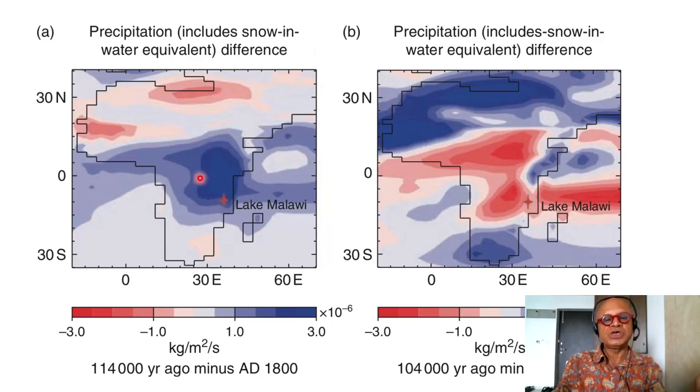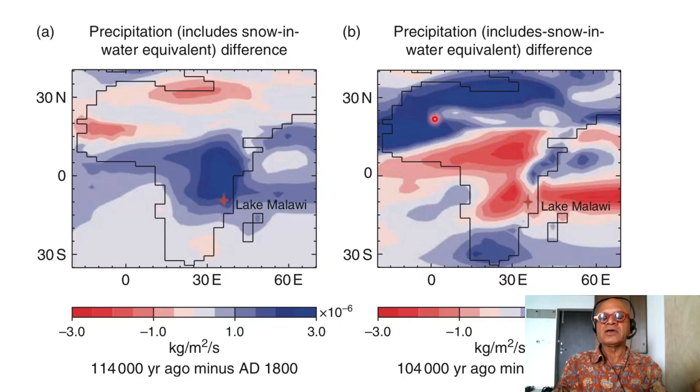Precipitation, huge increase here compared to 1800 by 114,000 years ago, and then a huge flip by 104,000 years ago, with some refugia kind of situation left over here and an increase over here, but a massive increase in the northern African.